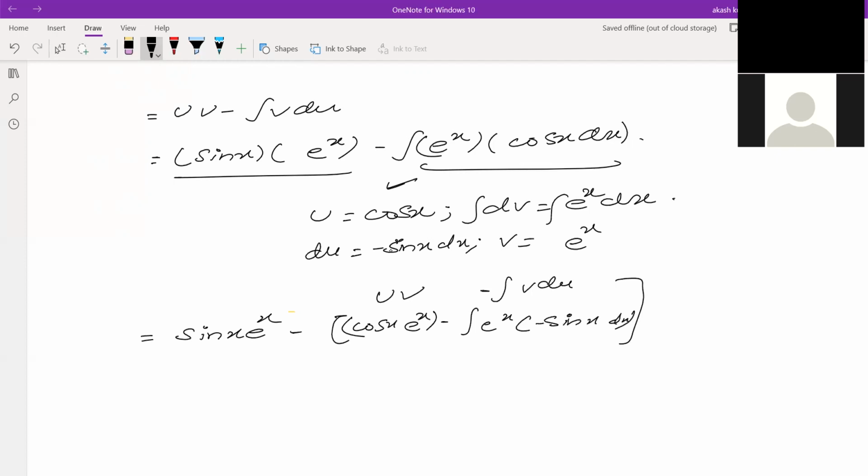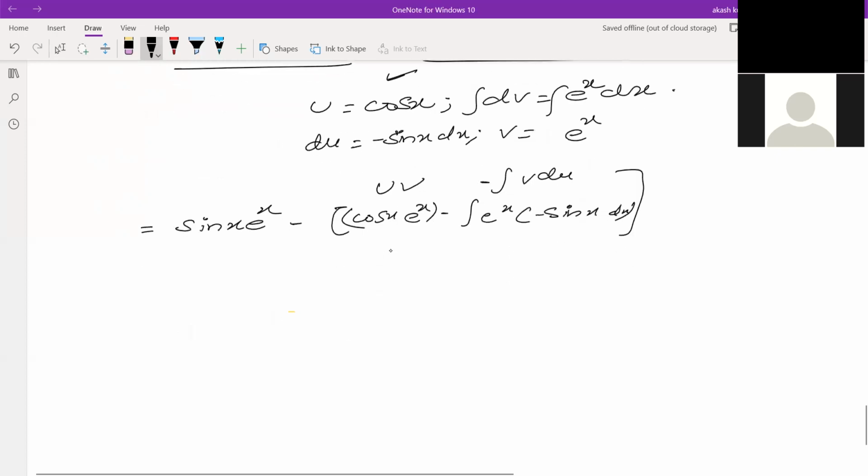Is it clear? Yes. And here I have e^x sin x dx. So it is sin x e^x minus cos x e^x.